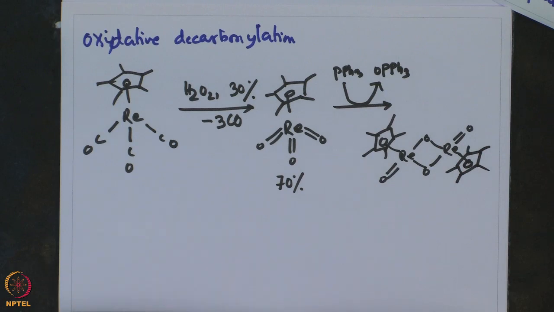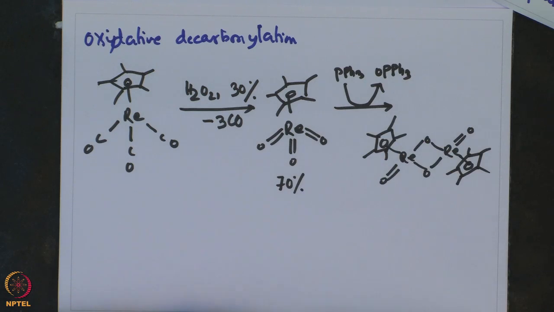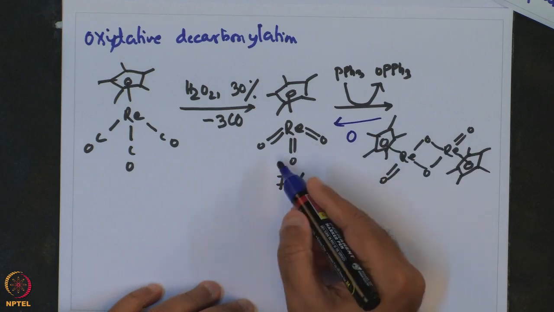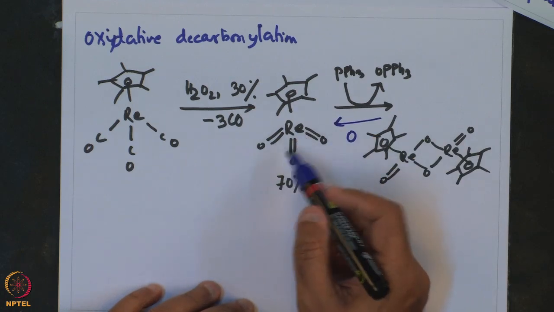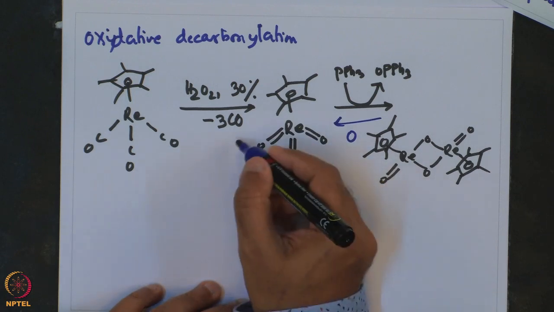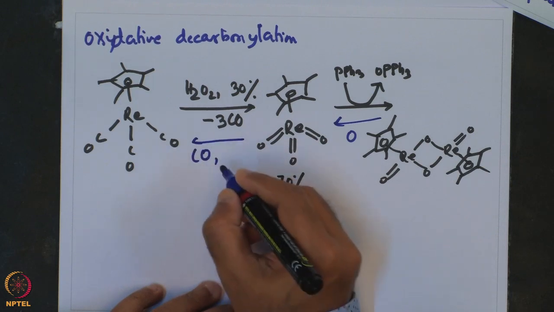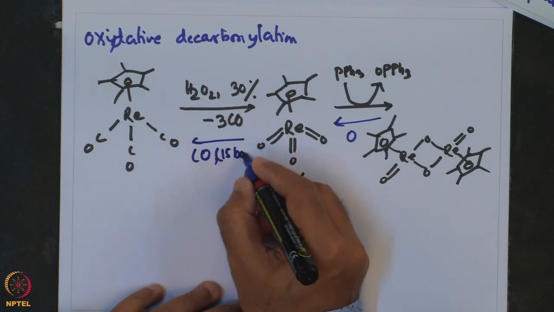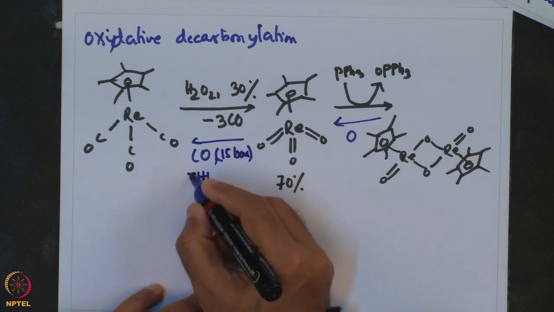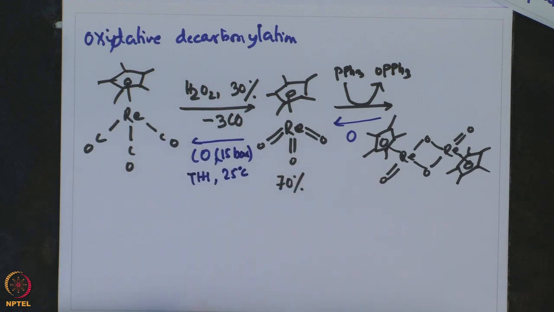The opposing reaction: if we take the dimer and react that with oxygen, it gives this rhenium Cp star trioxo compound, which in presence of high CO pressure in THF at 25 degrees centigrade would give back this rhenium tricarbonyl compound.